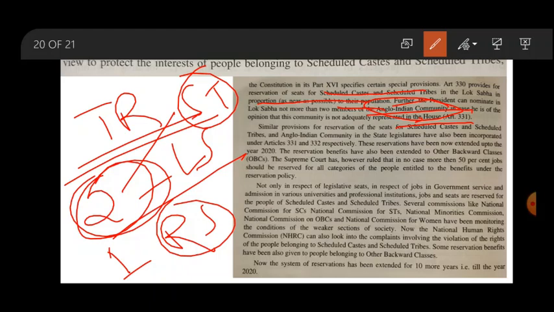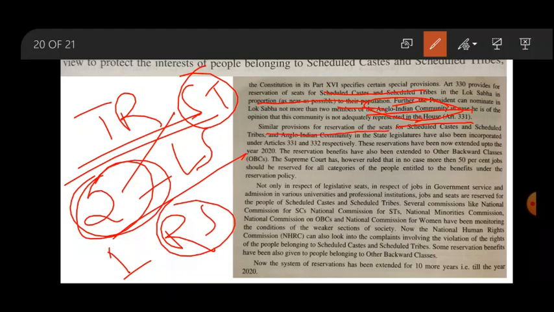So there are certain communities who stayed back in India, and they belong to the Anglo-Indian community. Now this community is small, so they must be represented in the parliament. If the President feels that this community is not well represented in the parliament, then the President can nominate 2 members of this community.